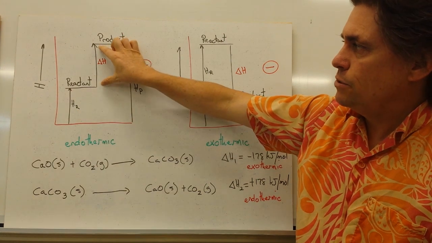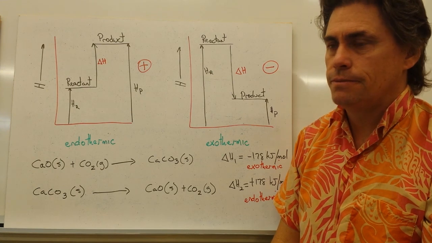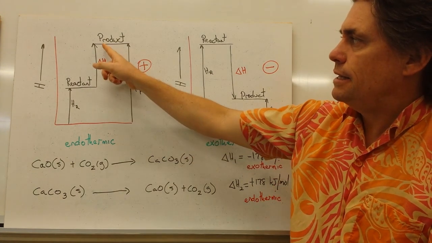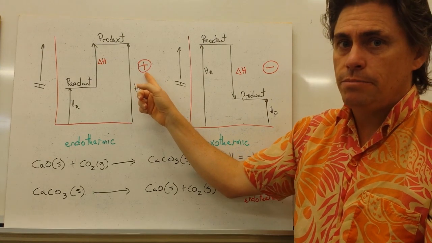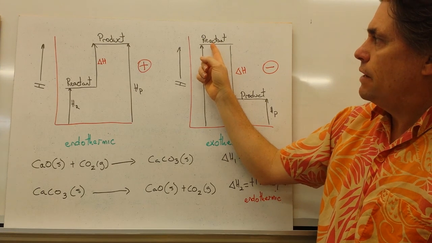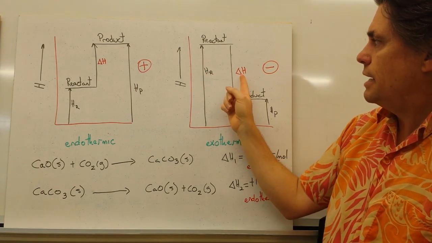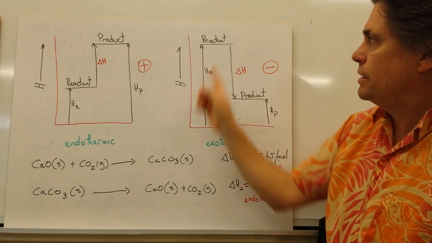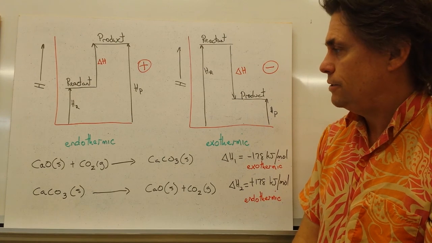The difference between these two is our change in enthalpy, or delta H. And if we've added heat to the system, our delta H value will be positive. On the other hand, if our heat of reactants is higher than our heat for products, our delta H value will be negative, because we subtract this one from this one and we get a negative value.